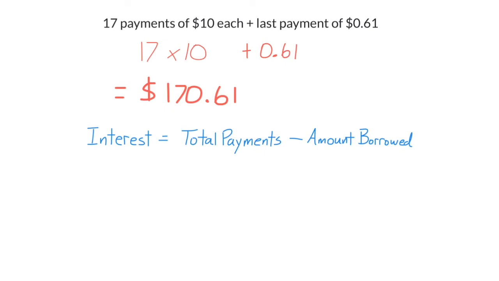So he originally owed $150. He paid $170.61. The difference is $20.61. So it took him a year and a half to pay this off, and he ended up paying $20.61 more than what he really needed to.